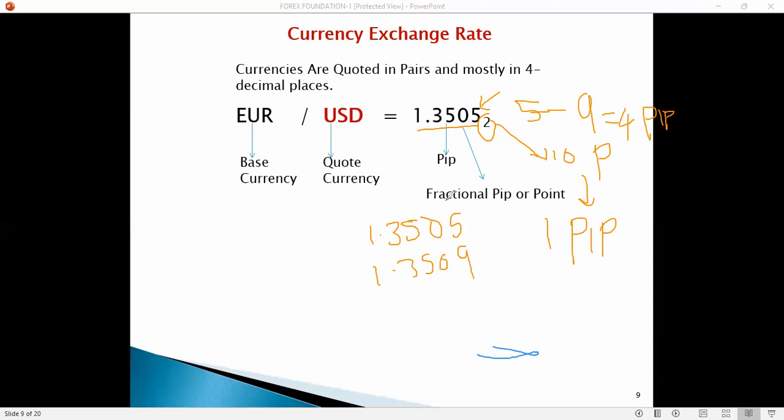If you take this one away from this, the difference is 4 pip, which means the movement is just 4 pip. I hope you understand.